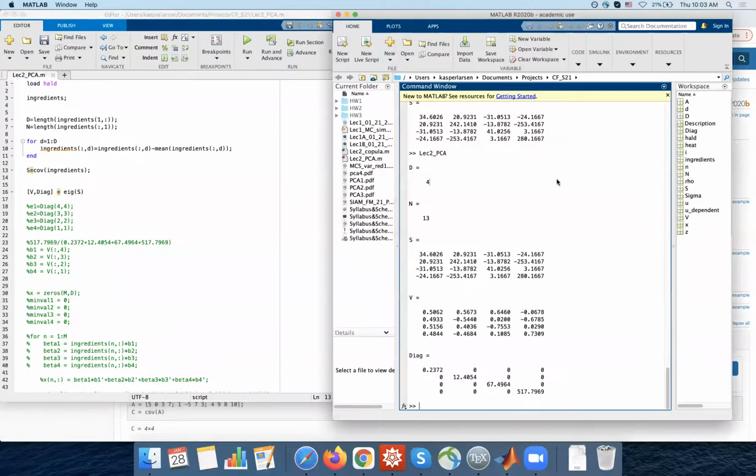And so these are stored over here. And because the covariance matrix S is positive semi-definite, we know that these eigenvalues are going to be positive. And you can see that's the matrix D that has these eigenvalues on the diagonal.